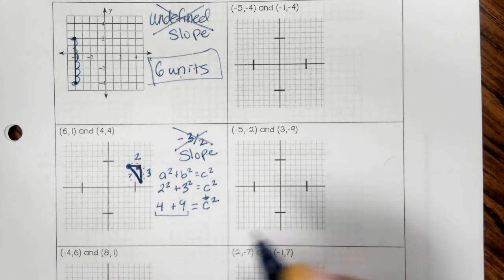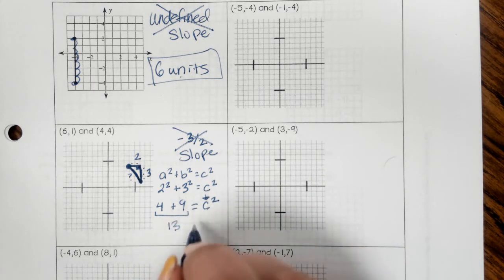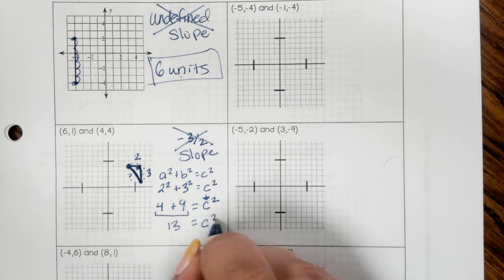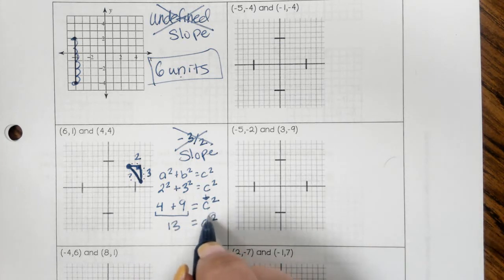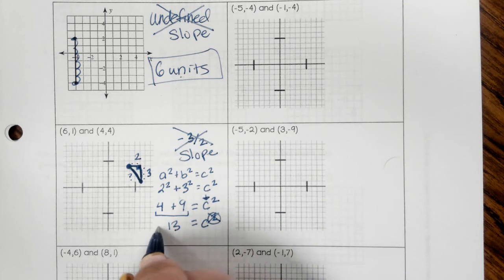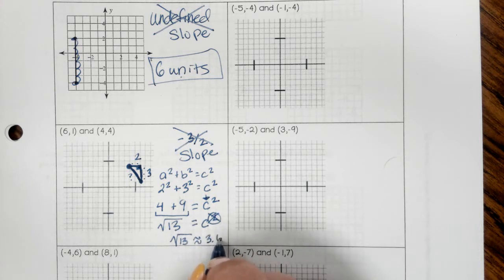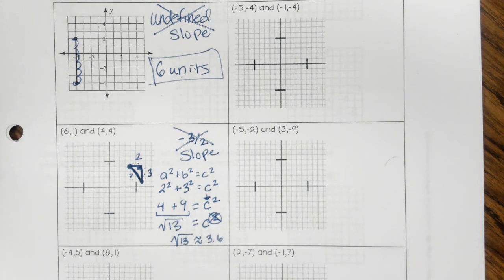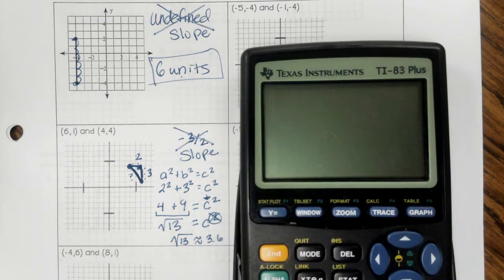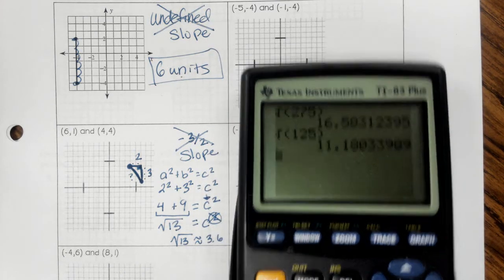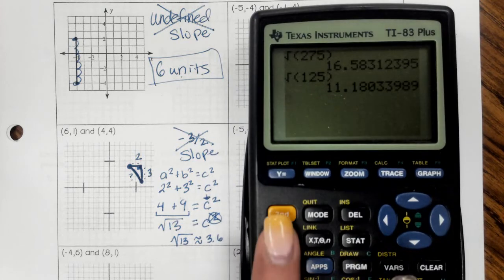Now I can do that addition. 4 plus 9 is 13 equals c squared. To undo the square, we take the square root of the other side. The square root of 13 is about 3.6. You, again, can just type that in on your calculator. If you're using a TI-83, it's the yellow button, second.